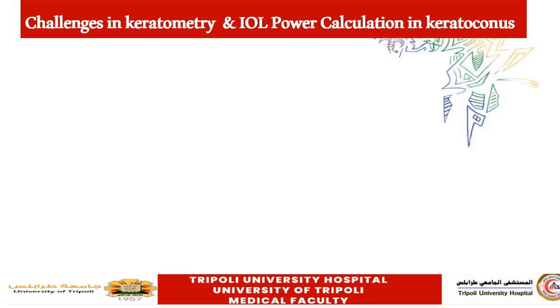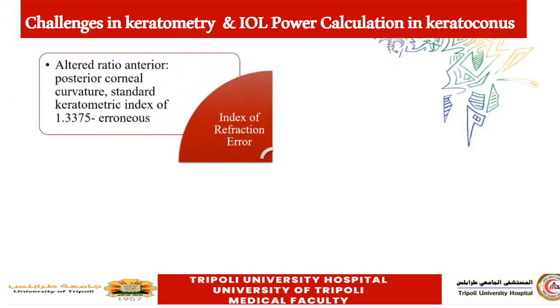So what are the main challenging points in the keratometry reading in patients with keratoconus? As I have explained before, the problem in the keratometry reading is that we cannot rely on the SIM-K or the K reading that assumes the index of refraction, which is 1.337. This index of refraction was made for a normal cornea with a normal ratio between the anterior and the posterior surface of the cornea.